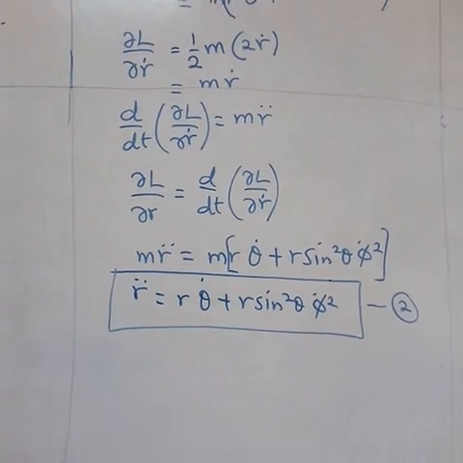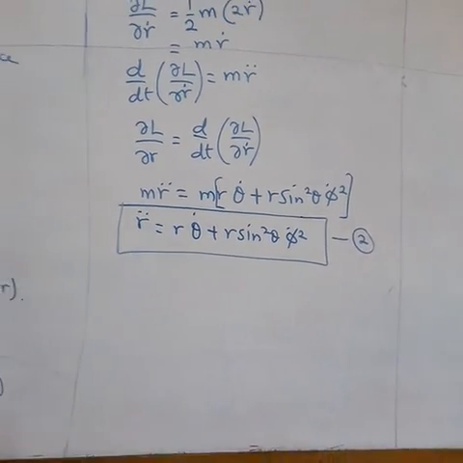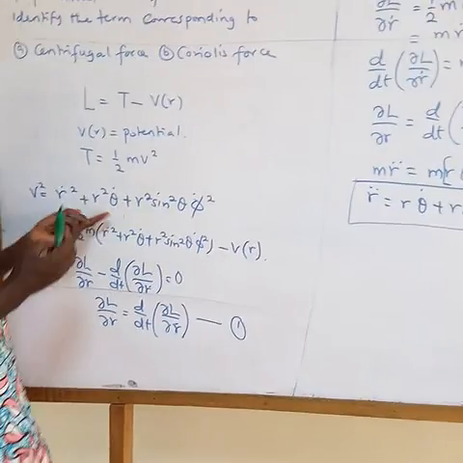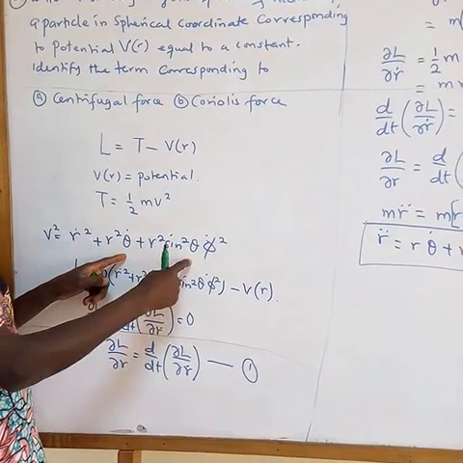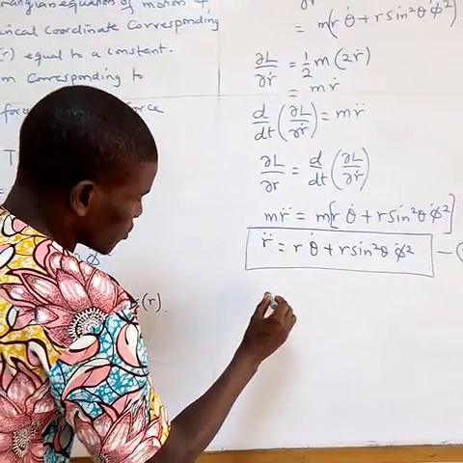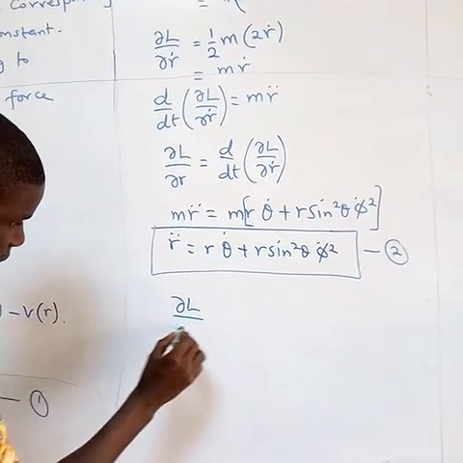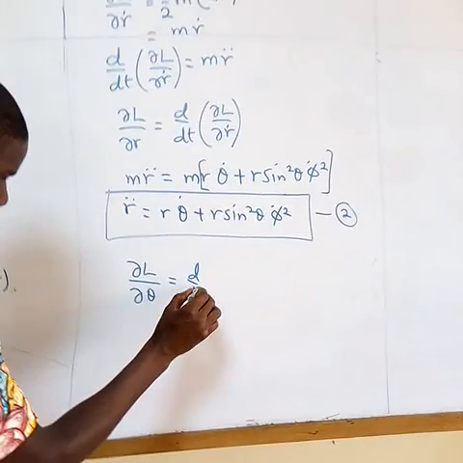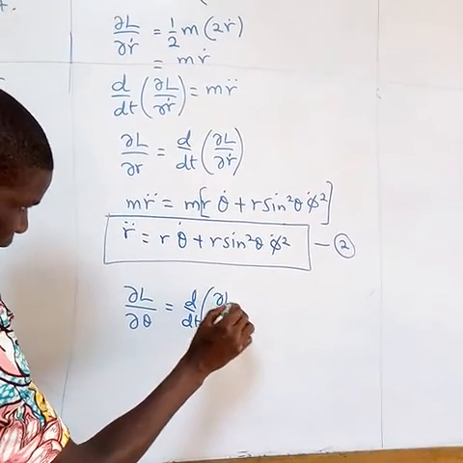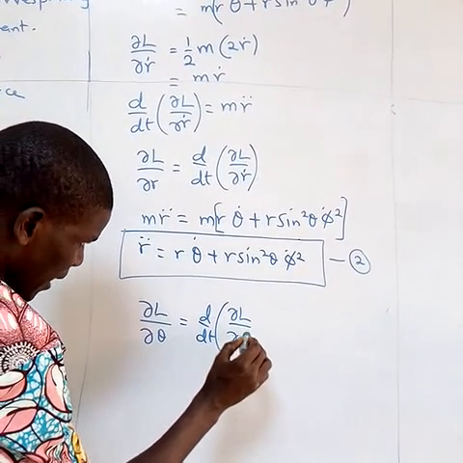number 2. So the next thing, what other variable is present in this particular equation? We have theta, and we have theta dot. So we are going to solve with respect to theta also. Partial L by partial theta is equal to d dt into bracket partial L by partial theta dot.